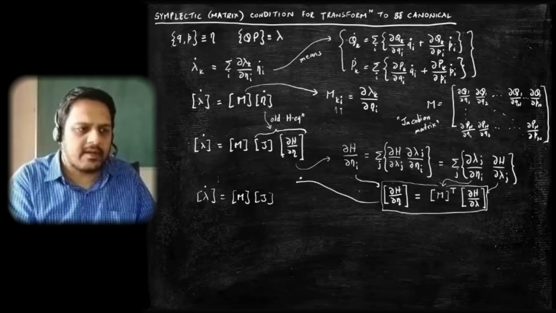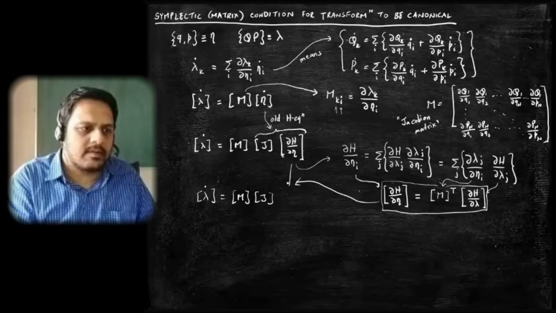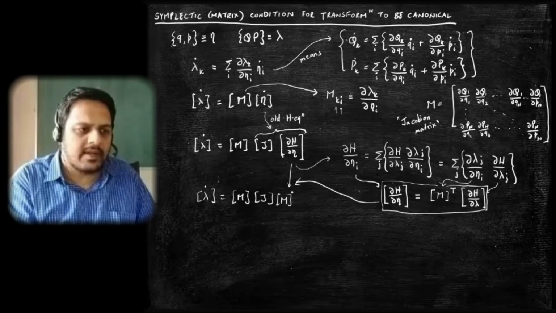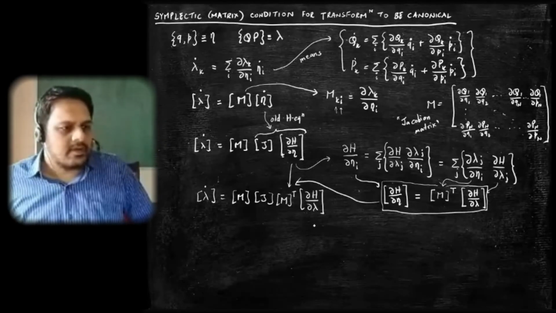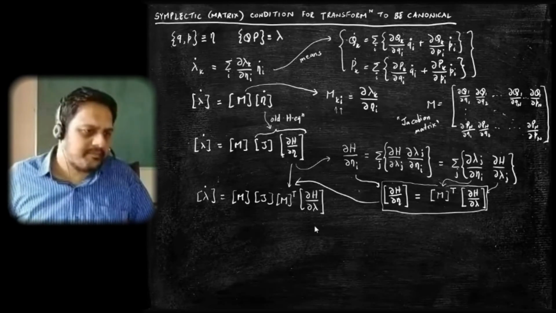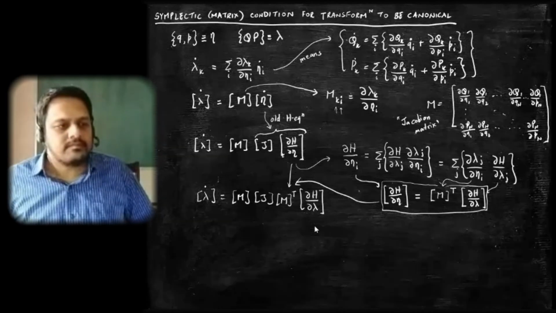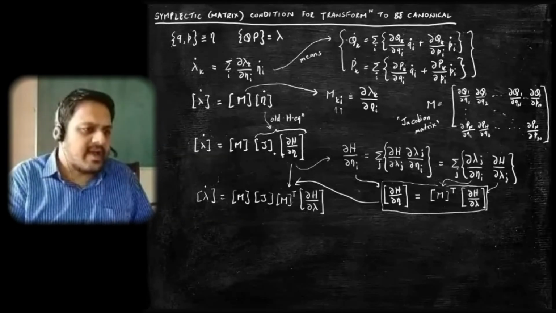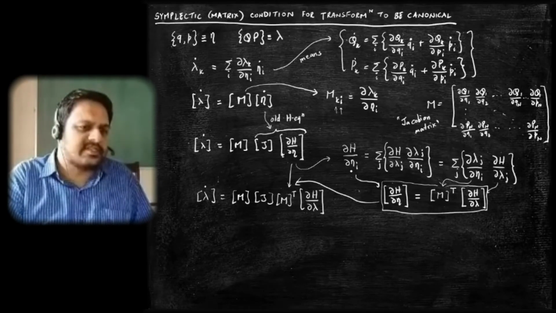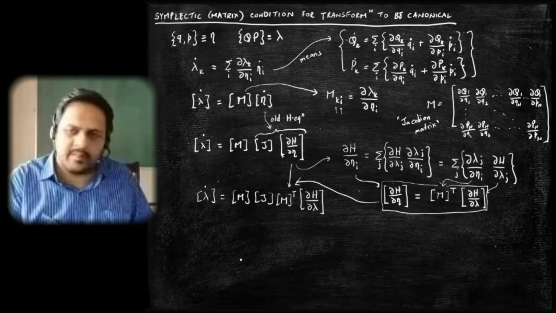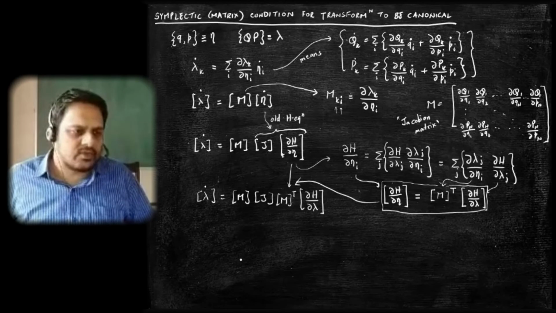If you give this back, this will become M transpose times ∂H/∂λ. Correct? Where did I arrive at all this from? Basically using the old Hamilton's equations and then a little bit of manipulation. Agreed? Yes, no? Quickly.